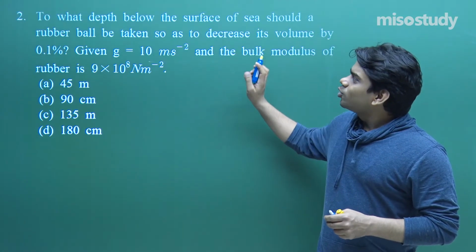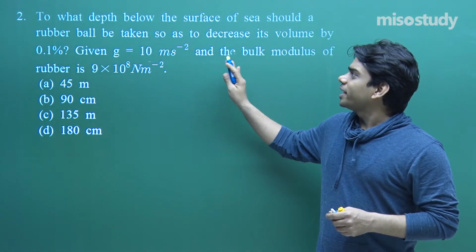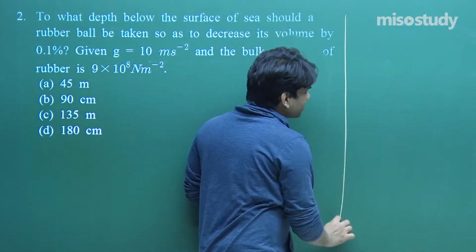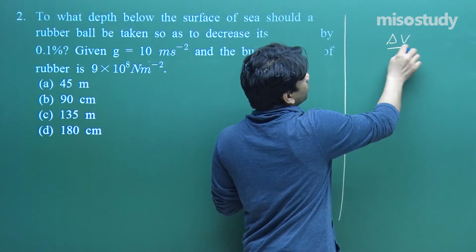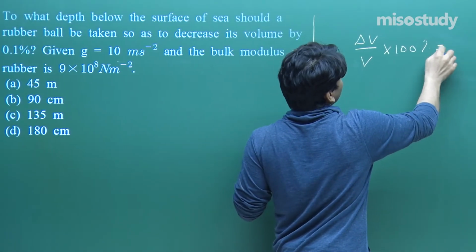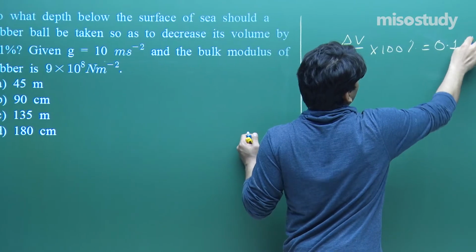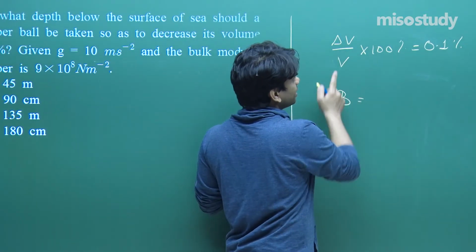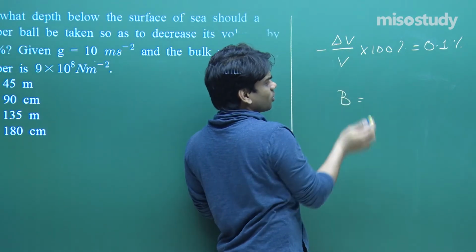Now first of all, to what depth below surface of sea should a rubber ball be taken so as to decrease its volume by 0.1%? So delta V by V into 100% is given as 0.1%. We all know that bulk modulus, now it's decrease, so can we write this as minus? Not a problem.